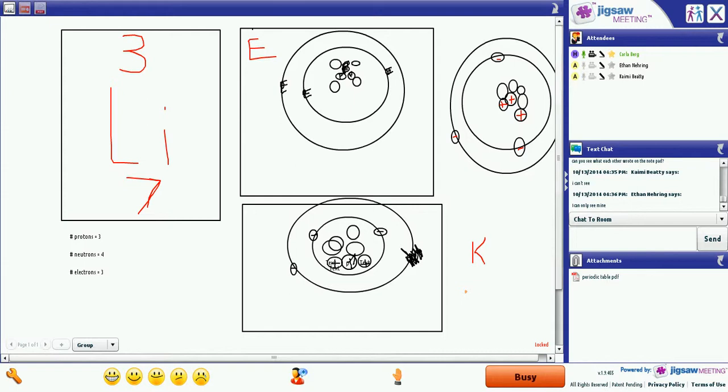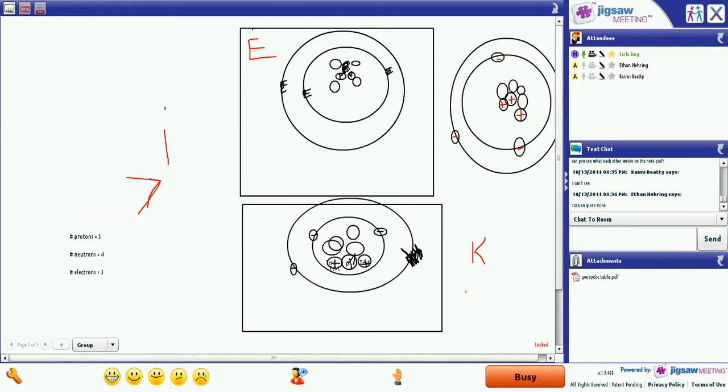Okay? So fantastic. We are going to try one more, and then we are going to go ahead and do our lab for today. So the one we are going to try, let's see, nitrogen we'll do.